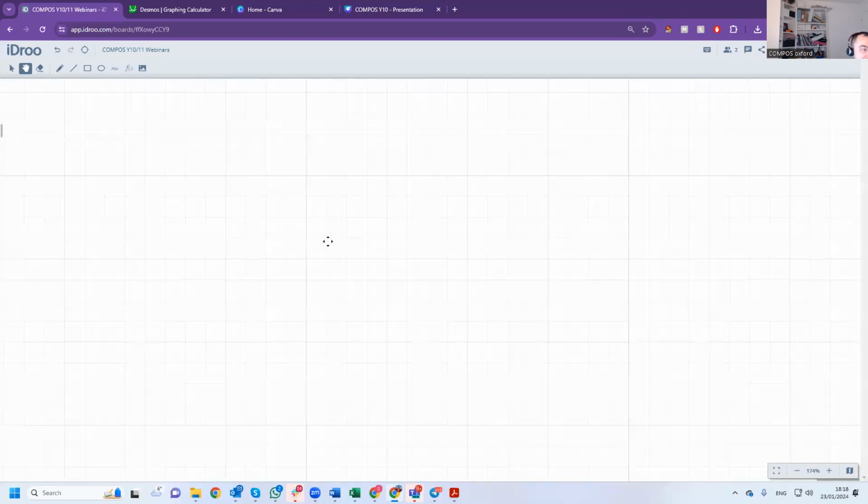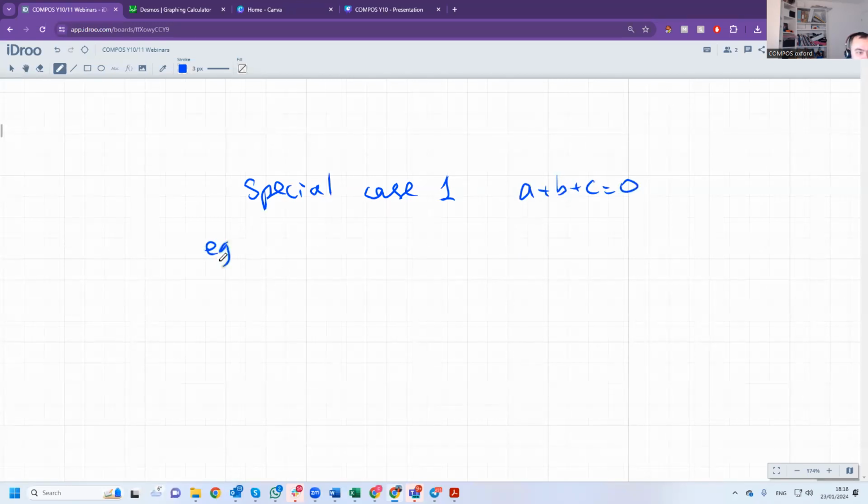You have two special cases. Case 1. If you have a plus b plus c equals 0. So example, if you have 3x squared minus 7x plus 4 equals 0.